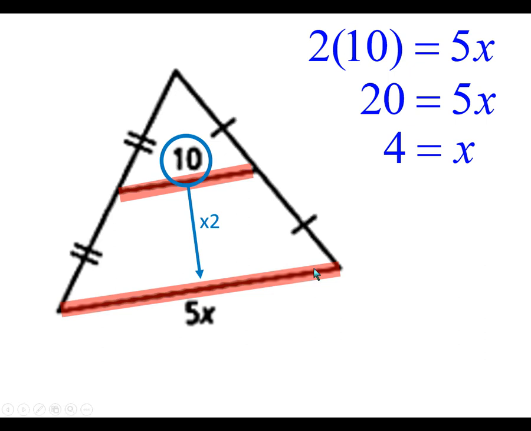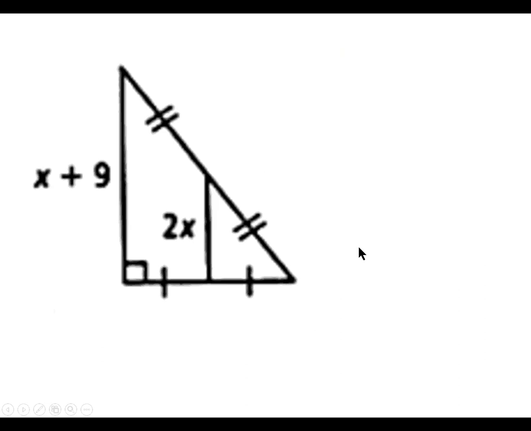Okay, now we're going to look at the hard versions of this problem, where in the problems we've done so far, if you've had a shortcut, that shortcut might not work very well in the next couple. So in this problem, it's a little bit harder to take the x plus 9 and divide it by 2. That can make this problem hard, which is why when we're looking at these two sides, again, it'll be easier to take the length of the midsegment and double that and make that equal to the x plus 9, the length of the side.